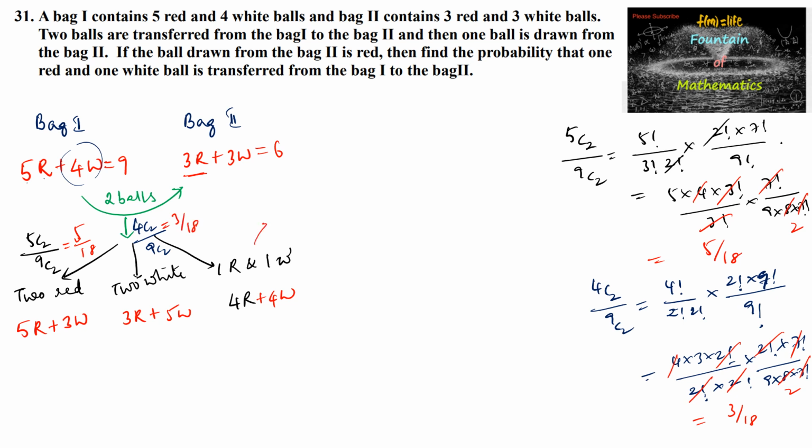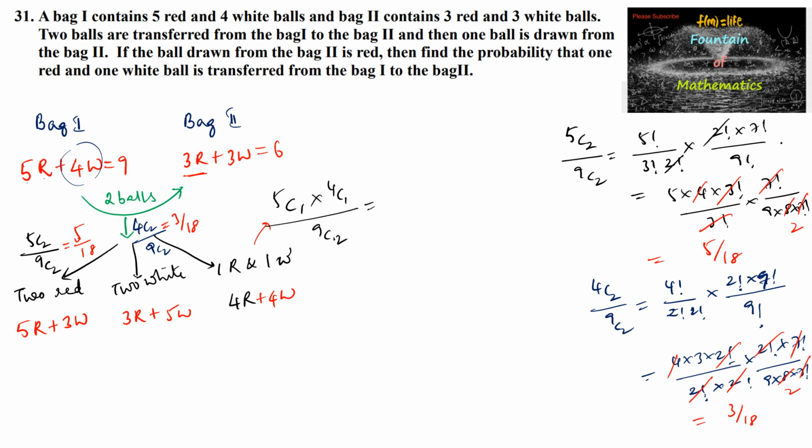And coming to when 1 red ball and 1 white ball are transferred, we have the probability 5C1, out of 5 red balls 1 is transferred, into 4C1, out of 4 white balls 1 is transferred, by 9C2.